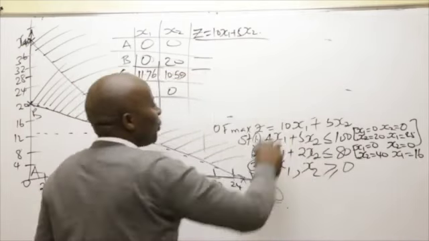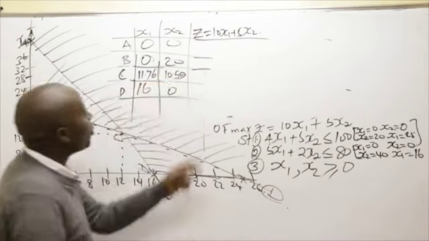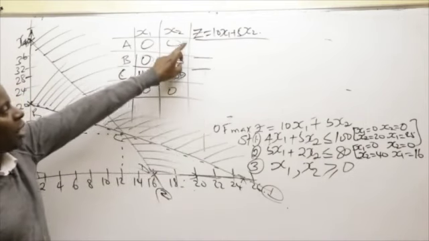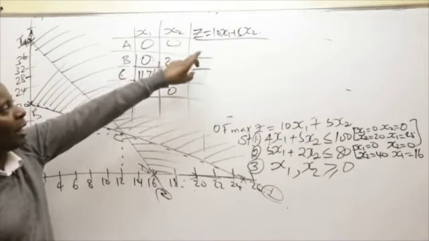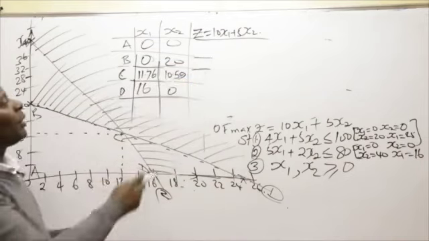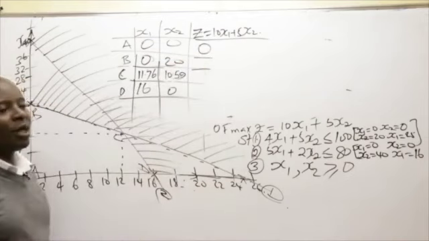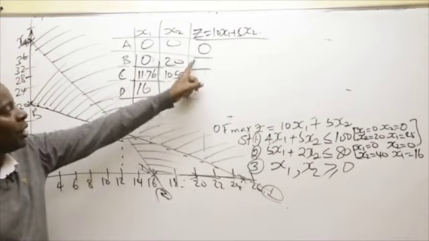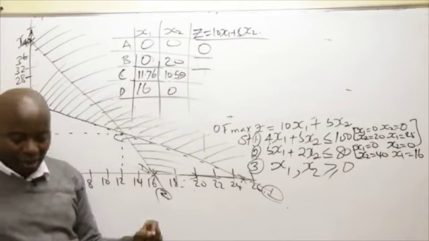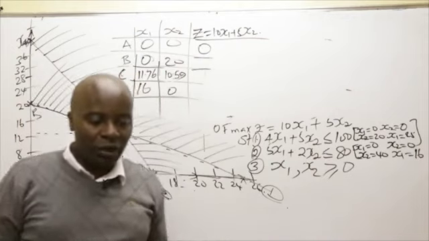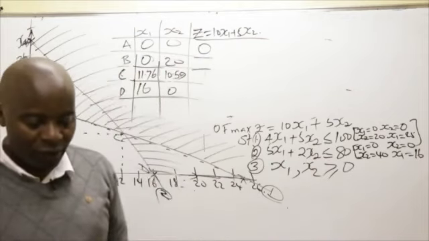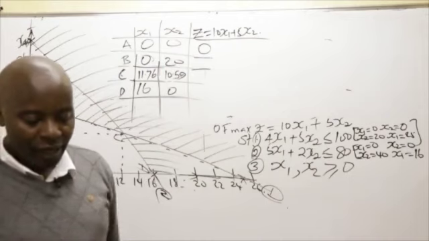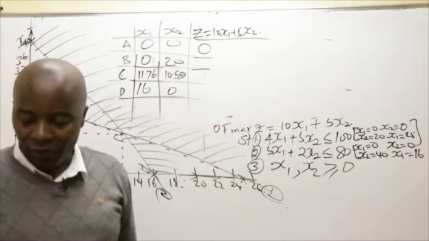So we start with the first corner where x1 is 0 and x2 is 0. So we have z equals 10 times 0 plus 5 times 0. Meaning mathematically that z will be 0. How about at corner B? Can somebody give me the value of z?